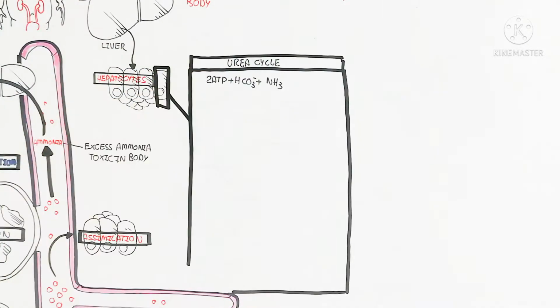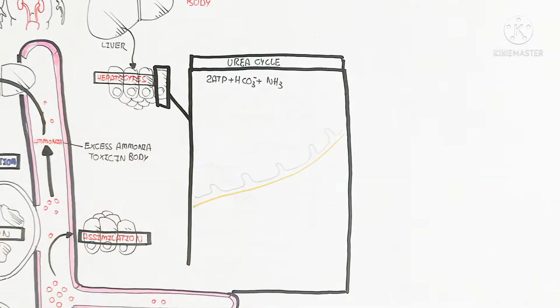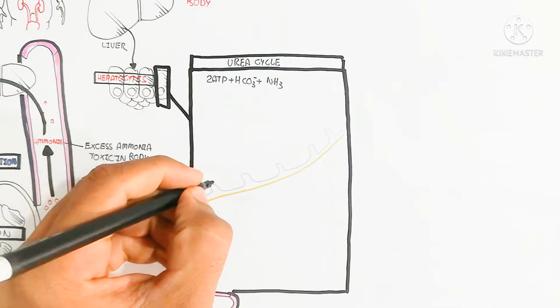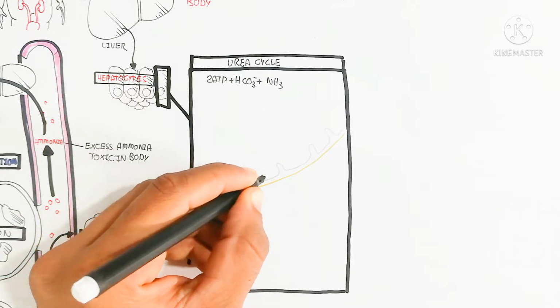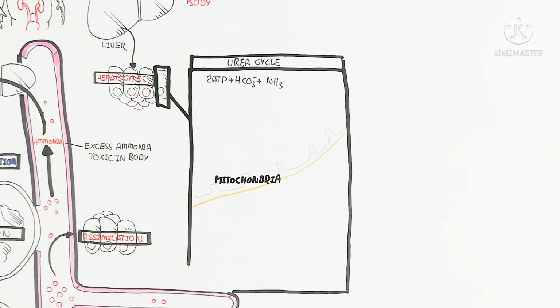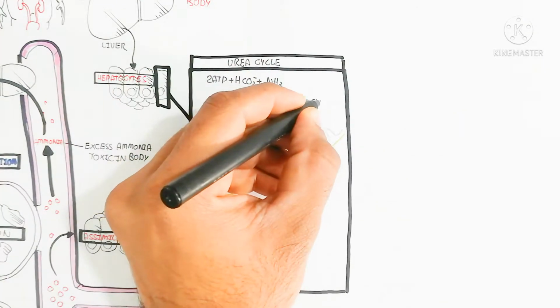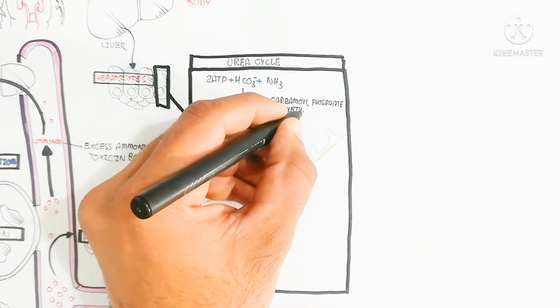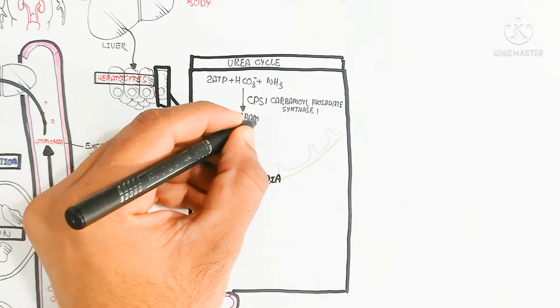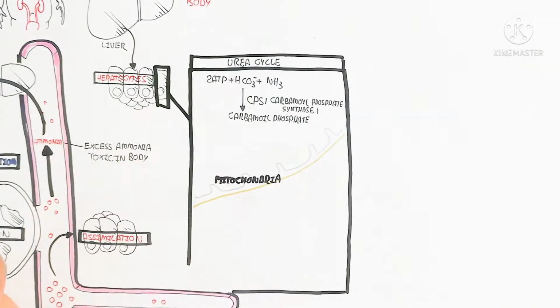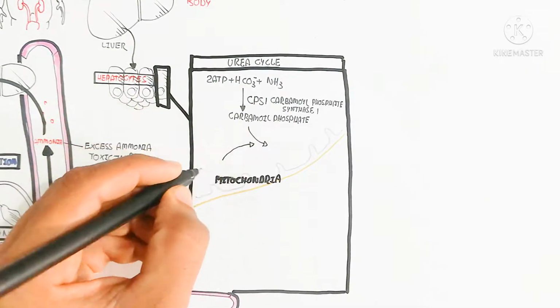Here I am drawing one cell for understanding the urea cycle. Let's begin to understand the overview of the urea cycle. Here are 2 ATP, bicarbonate, and one ammonia, which combine together with the enzyme carbamoyl phosphate synthetase 1 to produce carbamoyl phosphate.